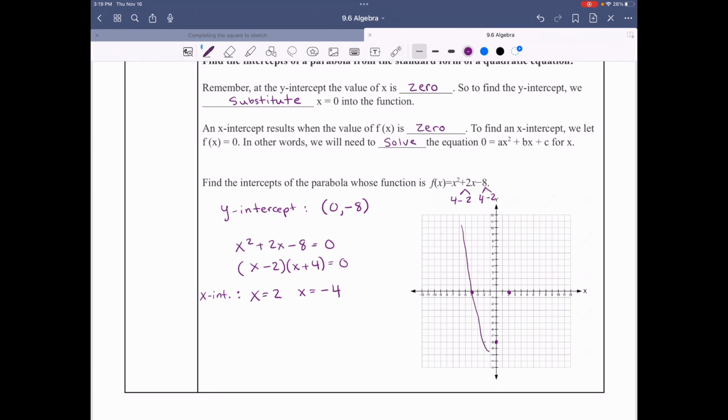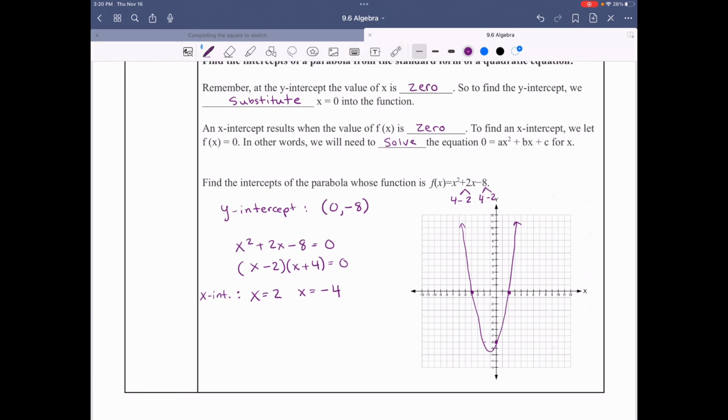So it comes down like this. The flaw in graphing like this is we don't know the vertex. We could figure that out, and I think we should, just to double check. It makes our graph look much better if we do the vertex.